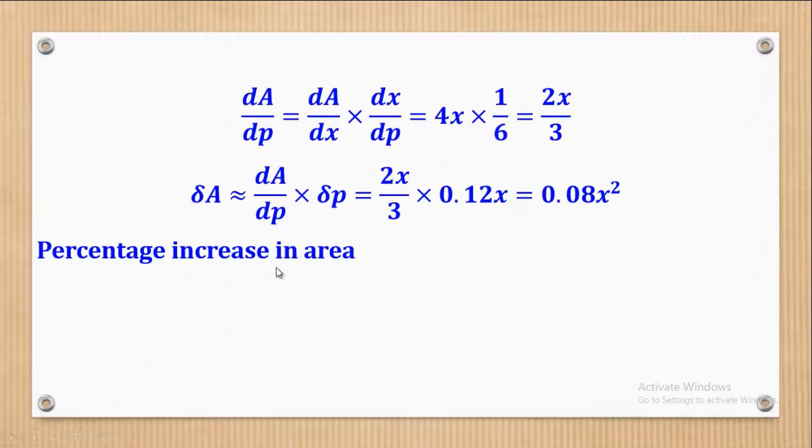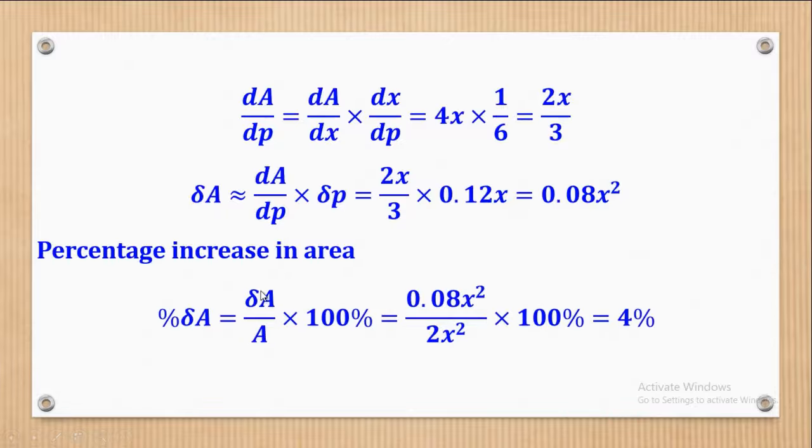Remember, percentage increase in area is the same as increase in area over total area multiplied by 100%. So increase in area is 0.08x squared, and the total area is 2x squared, which you already saw, multiplied by 100%. The x squared will cancel, and this will give you 0.04. Now 0.04 multiplied by 100 will give you 4%, and that will be the percentage increase in area which is required.